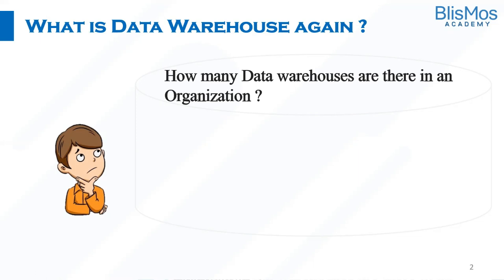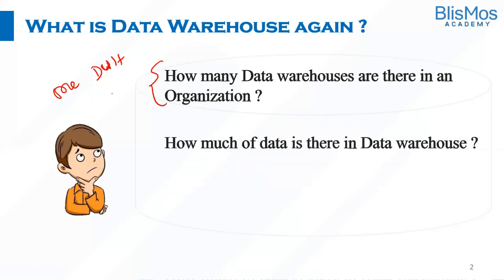Any thoughts here? Is it 100, 200, 300? No. Usually, any organization would have one data warehouse for the whole organization. If the organization is too huge, you may have a couple more data warehouses, but definitely the number is not in 2 digits because it doesn't make sense.